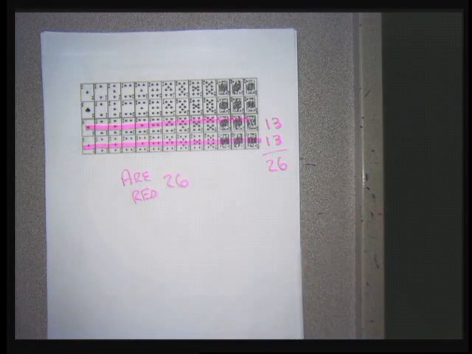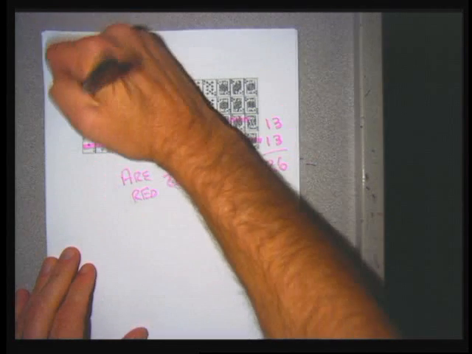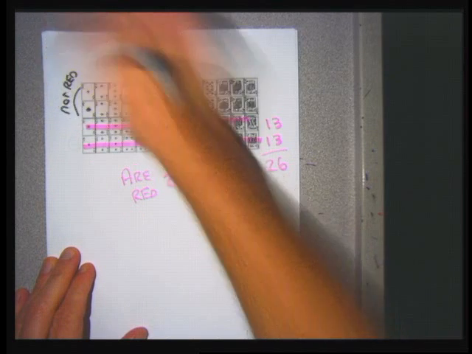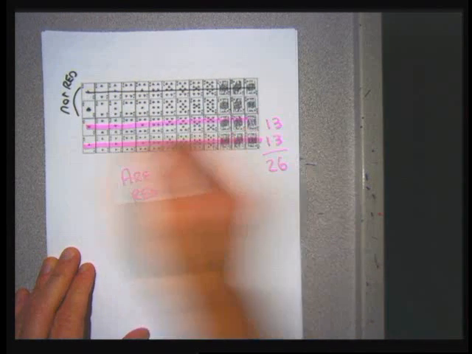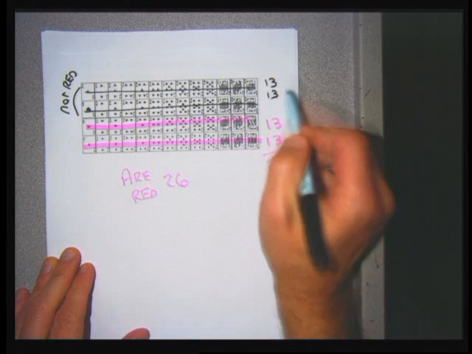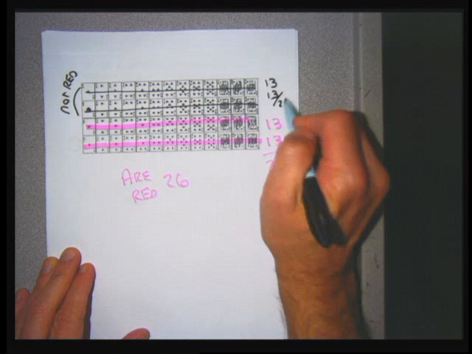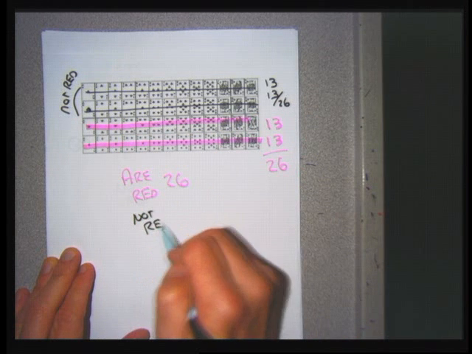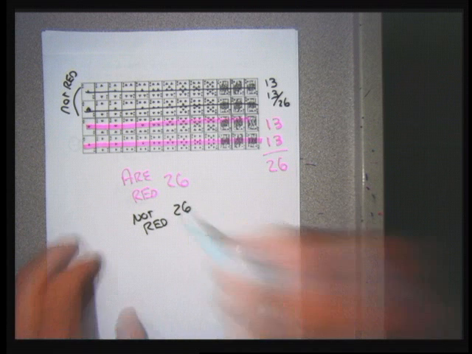For the not red, the spades and the clubs are not red. There's 13 spades and 13 clubs, and 13 plus 13 is 26. So there's 26 cards that aren't red.